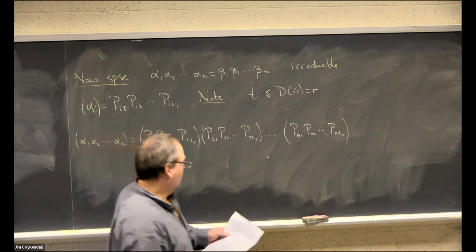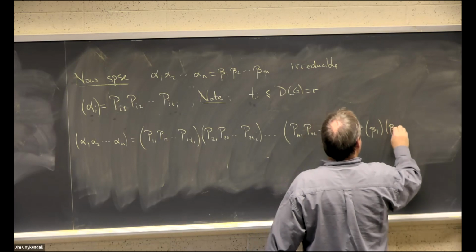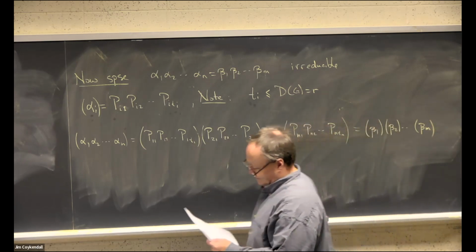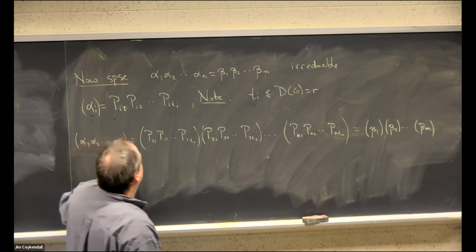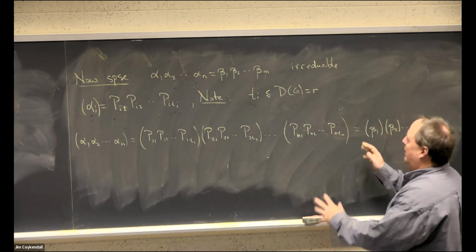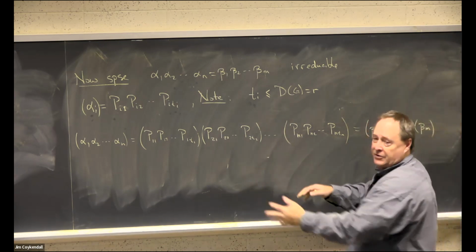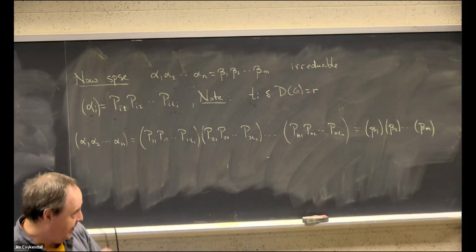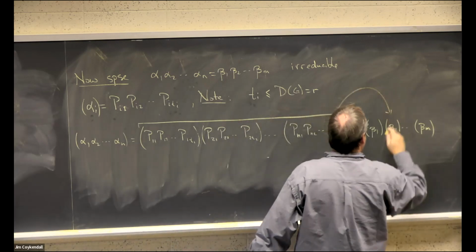And of course, this is also equal to beta 1, beta 2, up to beta m. Now, I've got length n over here. And so you might want to ask yourself, if I redo this in terms of the betas, that involves shuffling some of these prime ideals. So let me point this out: this prime factorization has to be reshuffled into this.